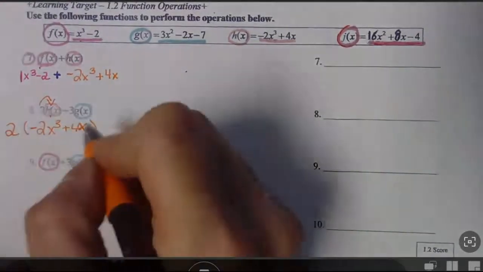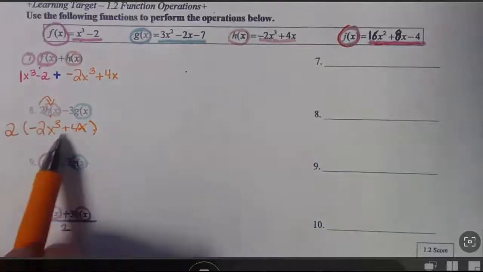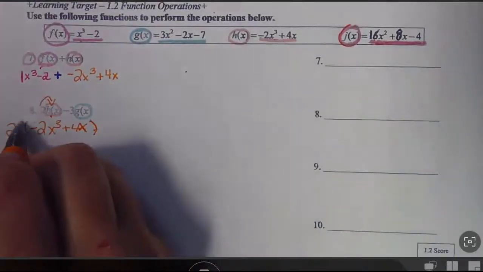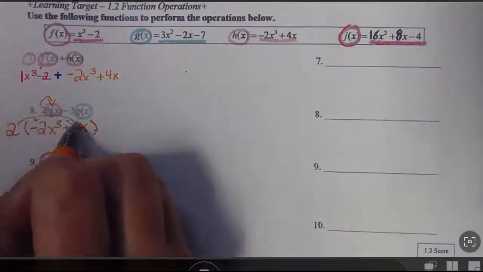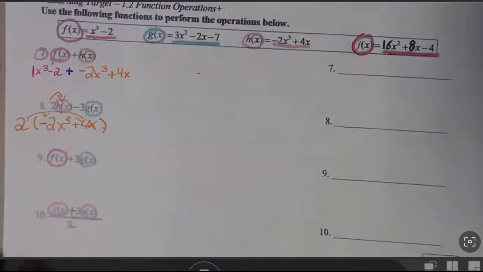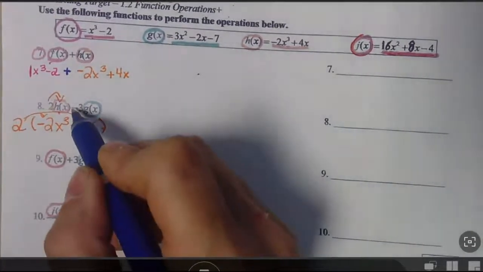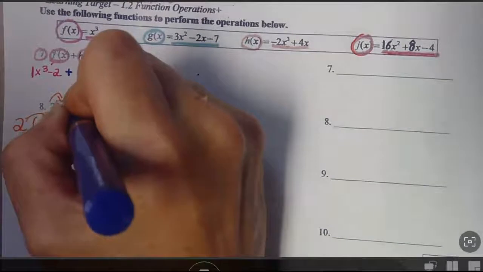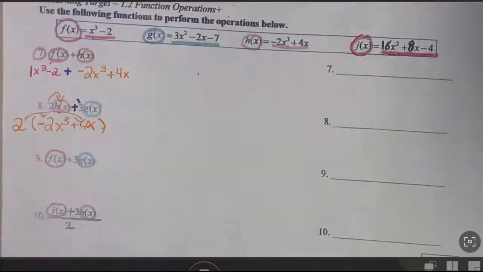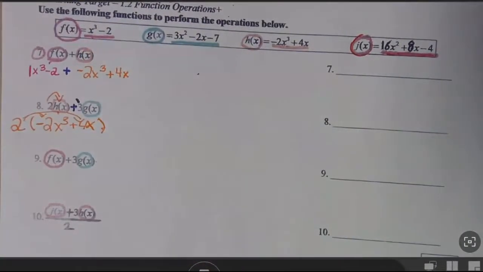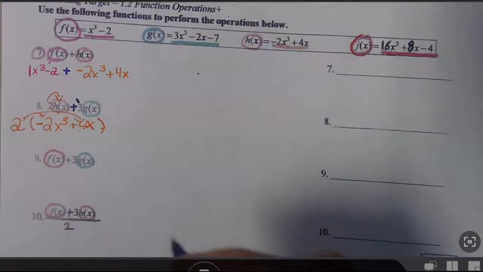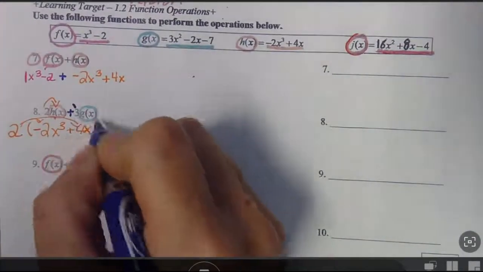Again, that's our first part. So 2 times this. Now remember, we are going to have to use distributive property. And then this was one of the tricky ones, but I'm helping you with it. When we have a minus sign in the middle, remember, we change that to a plus, and we put the minus with the number after it, so that we're distributing that negative 3.